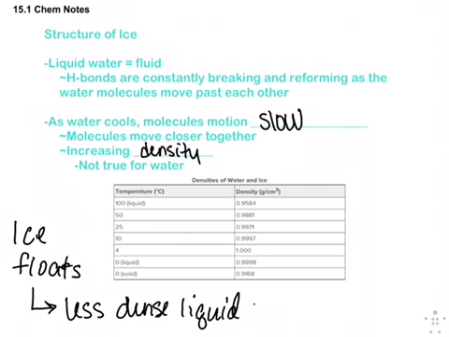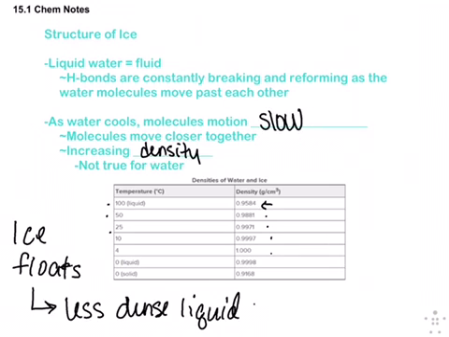So this table shows you the different temperatures and then the densities of water. Notice that the temperatures are in degrees Celsius. So when we're at the 100 degrees Celsius before it vaporizes, your density is just under 1. And as you cool it down, what happens to the density? It increases.